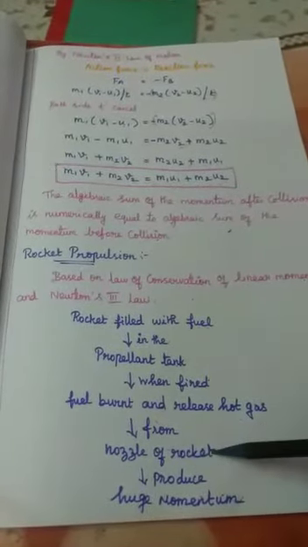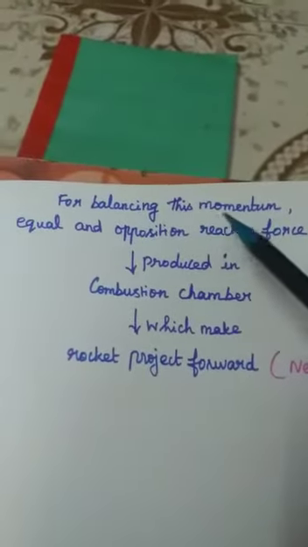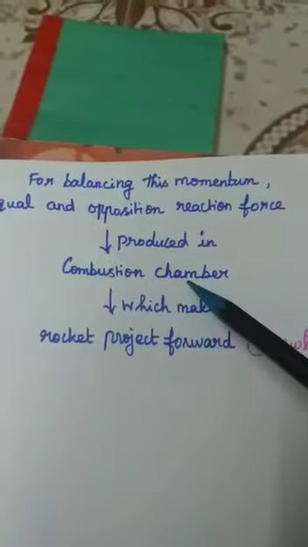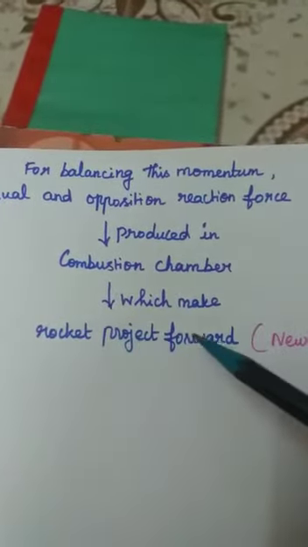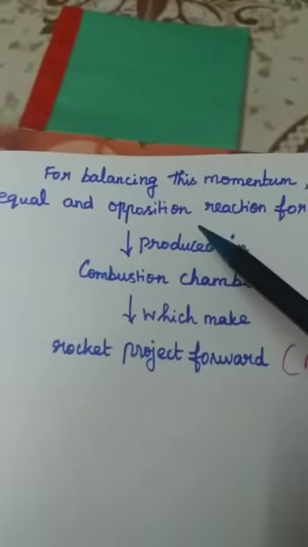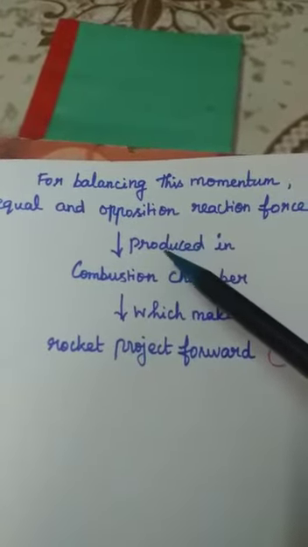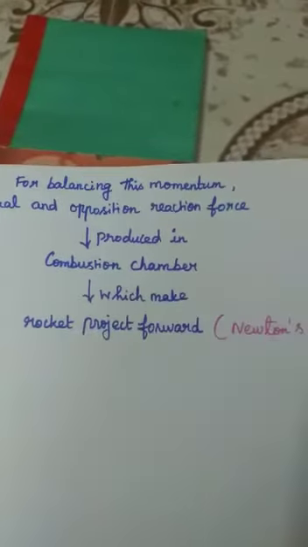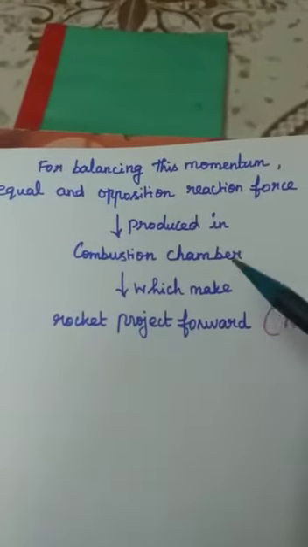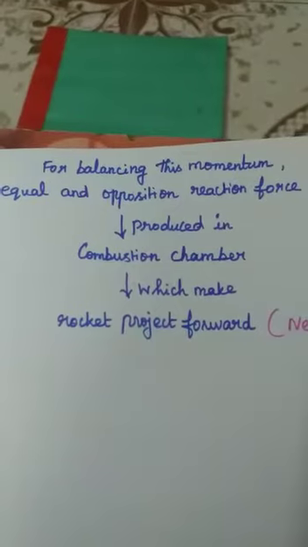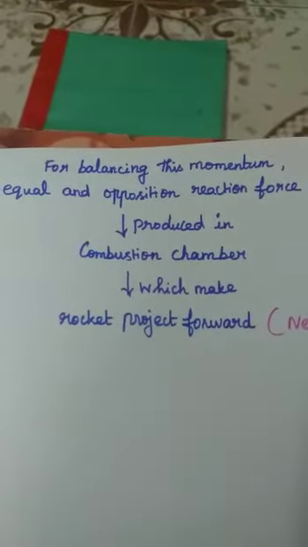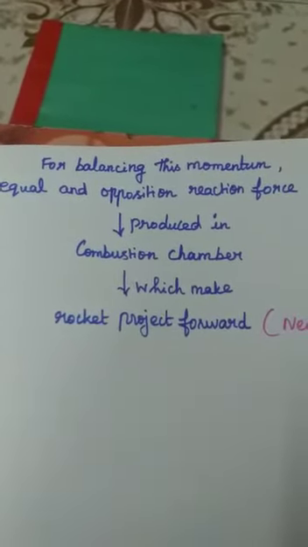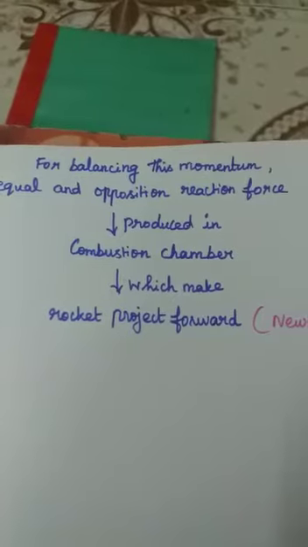For balancing this momentum, an equal and opposite reaction force is produced in the combustion chamber, which makes the rocket project forward. So this is based on the principle of Newton's third law.